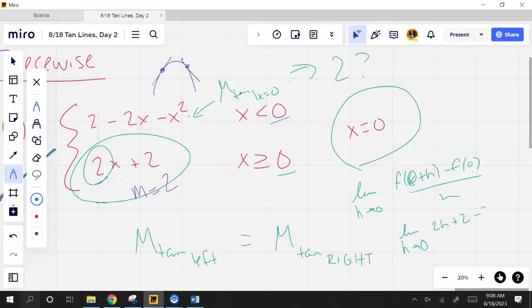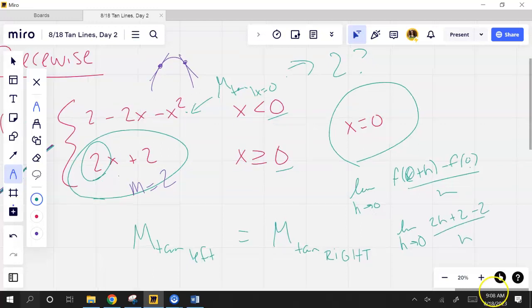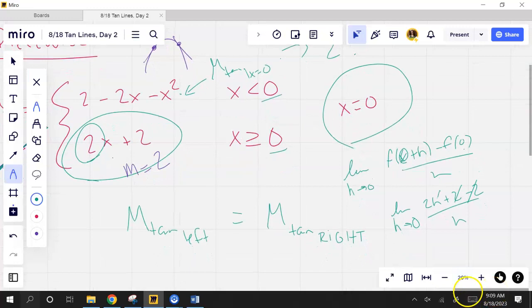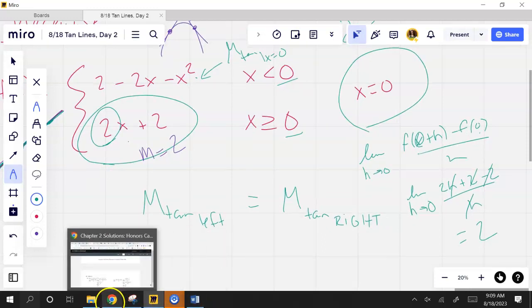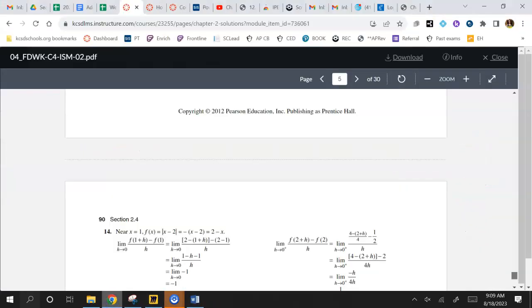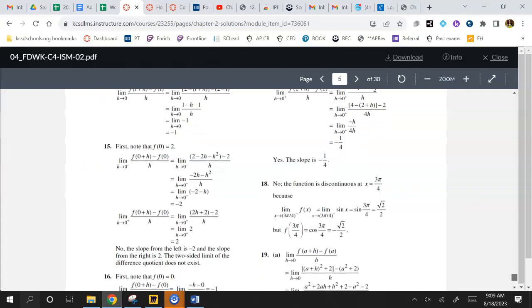F of 0 is going to be 2. What number is that? 15. The top one's -2, the bottom is +2. So it doesn't work. So no, it does not have a tan line there.